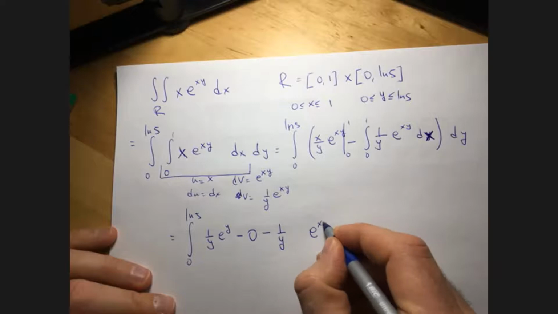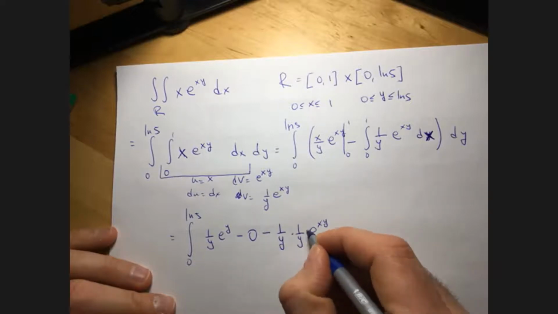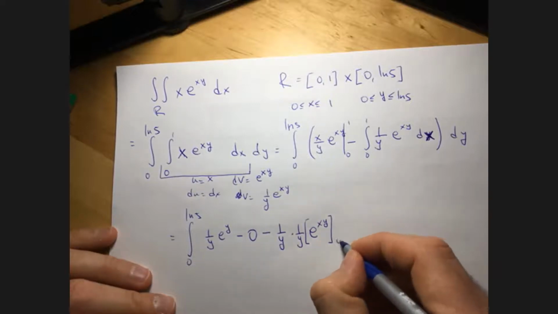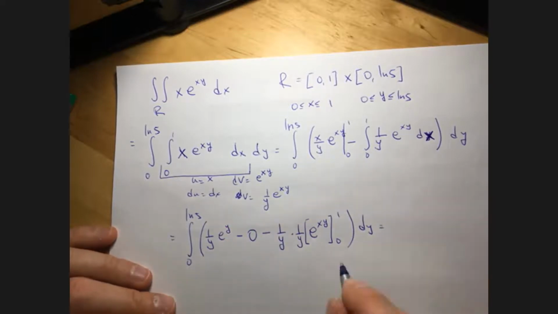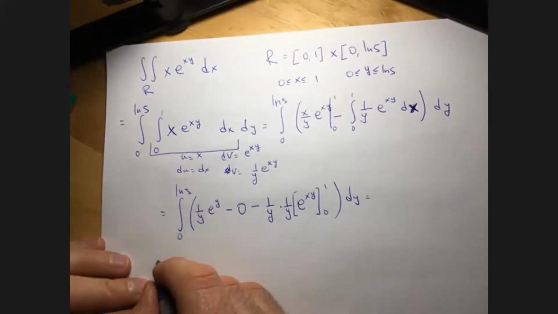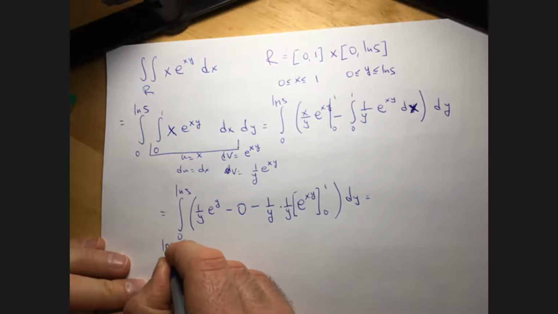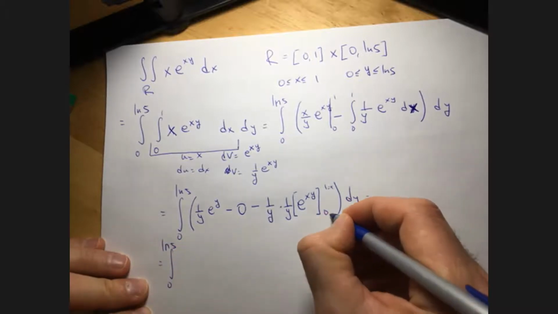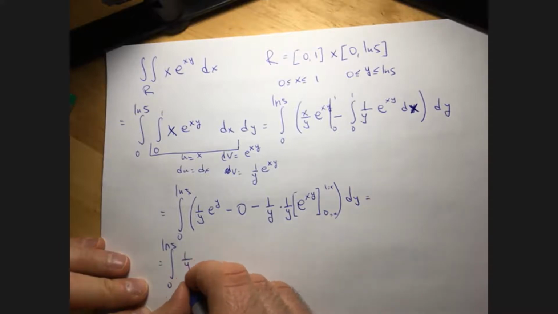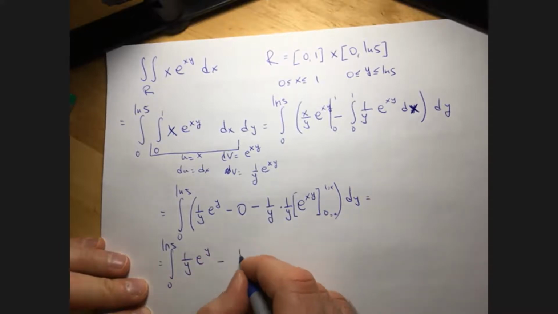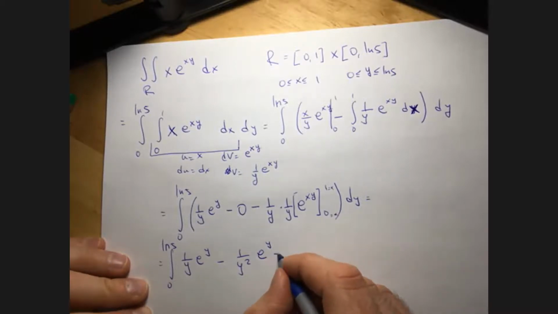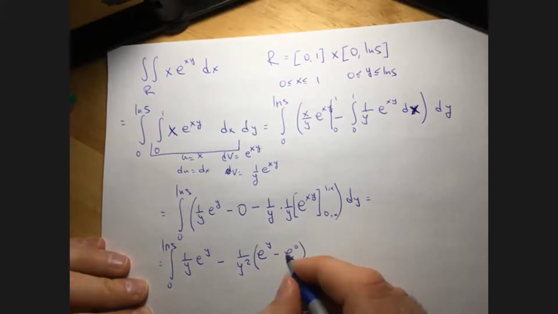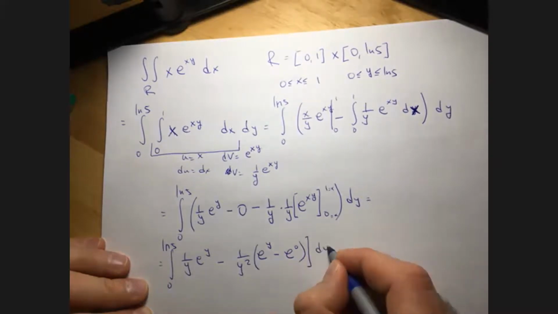That's e to the power xy times 1 over y, and this is evaluated from 0 to 1, and dy. This leaves me with, from 0 to ln of 5, 1 over y e to the power y minus 1 over y squared e to the power y minus e to the power 0 dy.